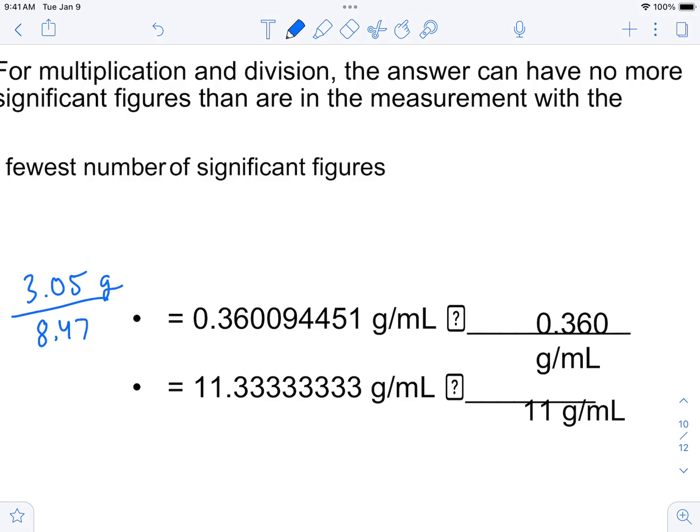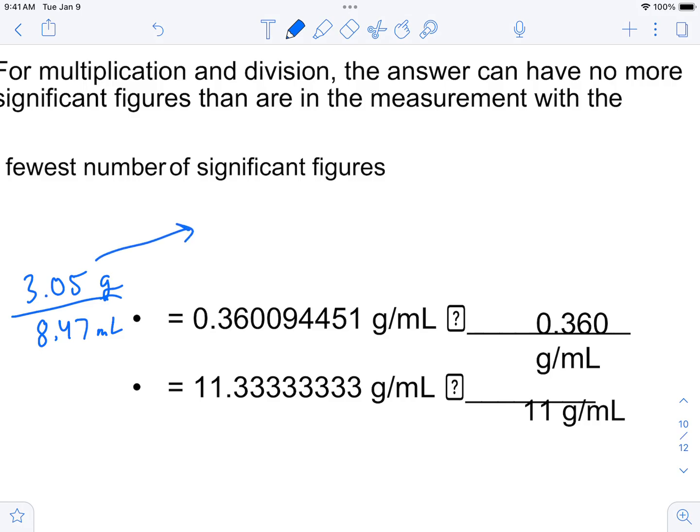And this is grams, and that's milliliters. So this is a density problem, it looks like. You would just type that whole thing in your calculator, and you get this super long number, 0.3600094451.